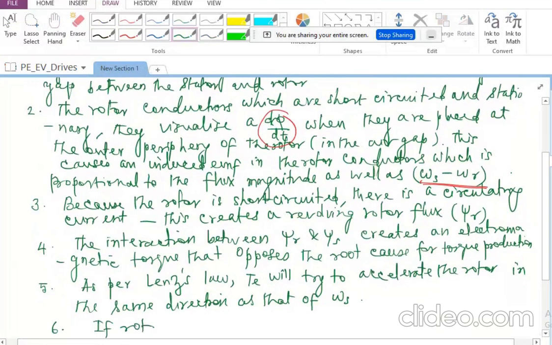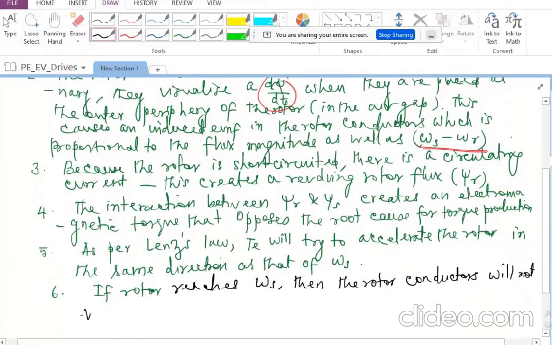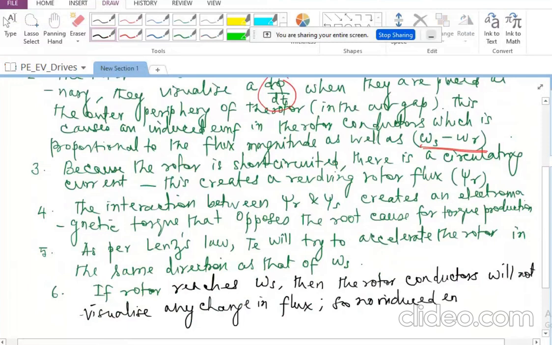If the rotor reaches omega s, then the rotor conductors will not visualize any change in flux. So no induced EMF in rotor conductors.